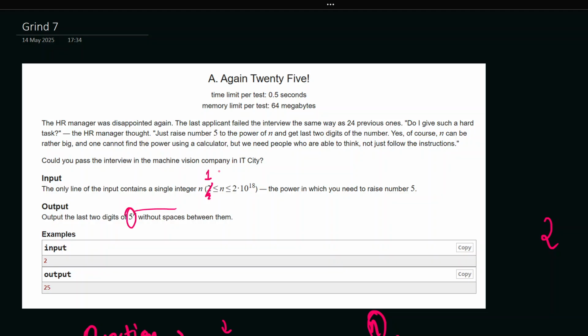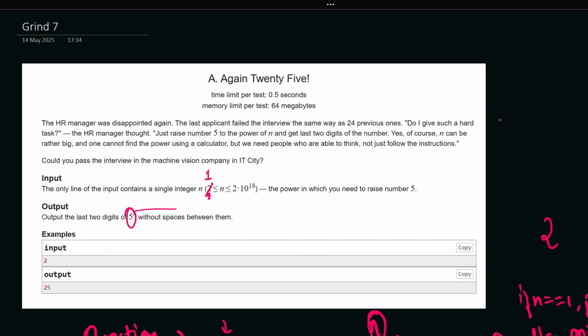If the value of n is 1, then the output will be 05. Yeah, so the last number would be 5, right? So in that case, we would write if n is 1, then print 5, else print 25.